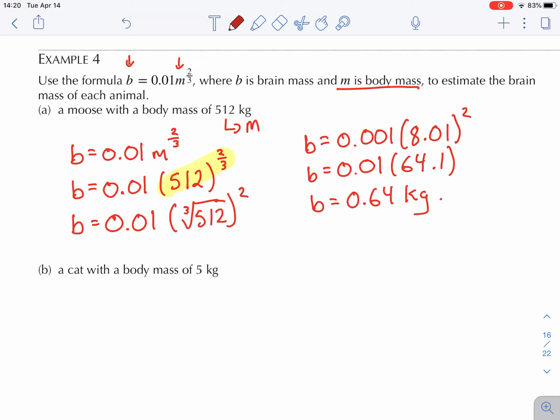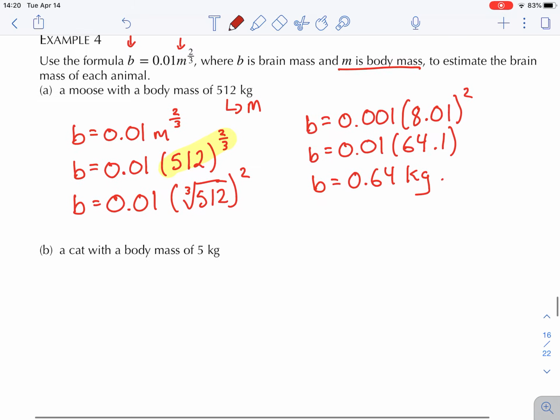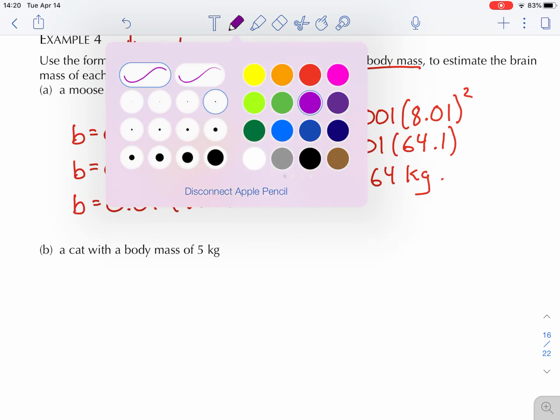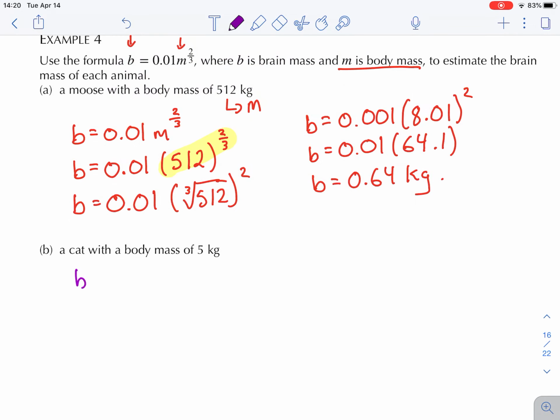All right, so my calculator does not do fractional exponents very well, so I just converted my fractional exponent into a radical. All right, let's do the same thing with the cat.